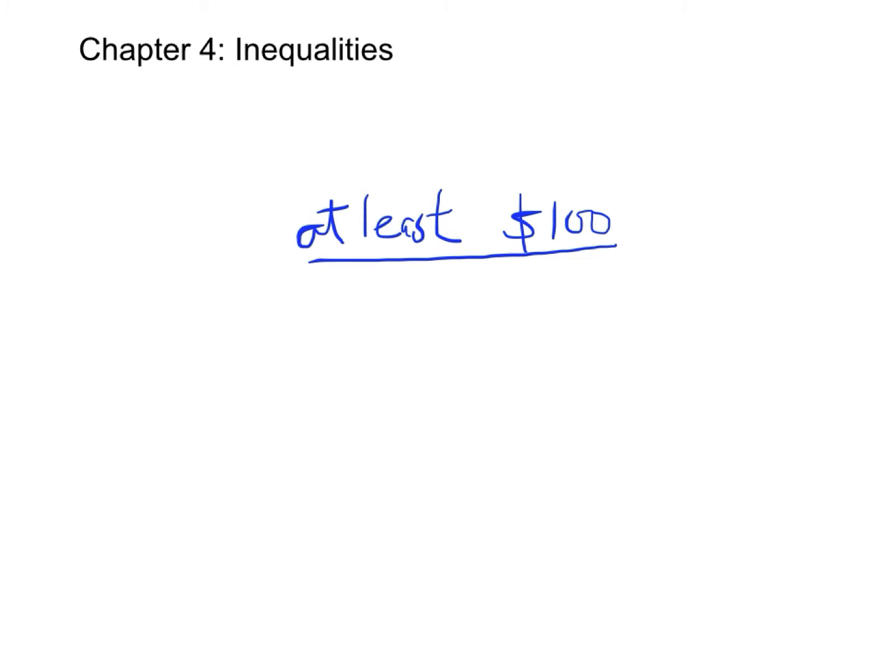Let's say if we represent the amount of money of mine be X dollars, then X should be greater than or equal to $100. And if we leave out the dollar sign, we have X is greater than or equal to 100.